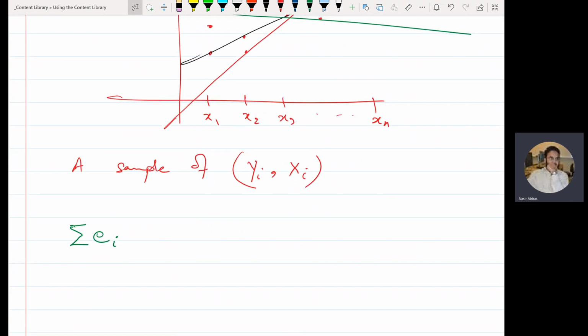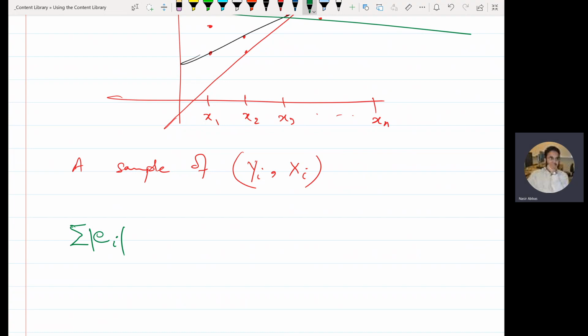What's your name? What Fez suggested is to minimize this quantity. You put an absolute on e_i so that if there are positive and negative errors, their effect doesn't cancel each other. All of them become positive. He suggested to minimize this quantity.